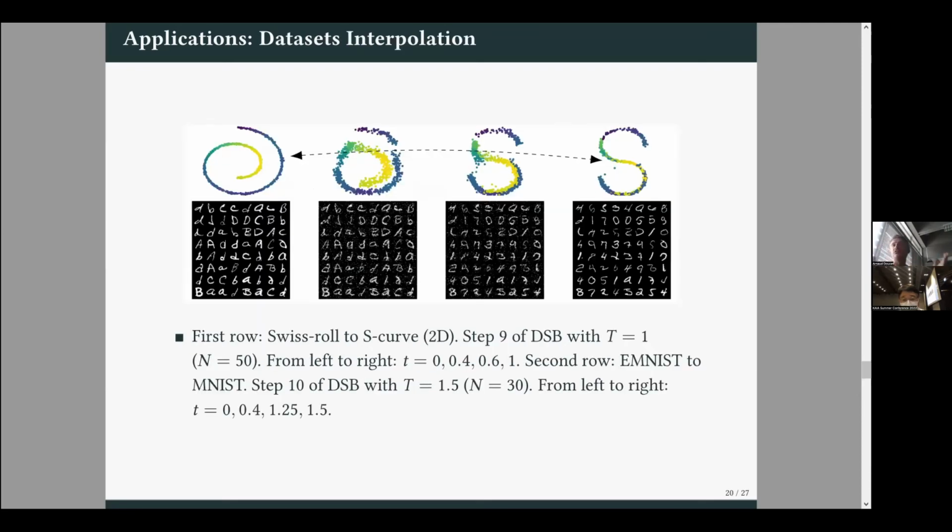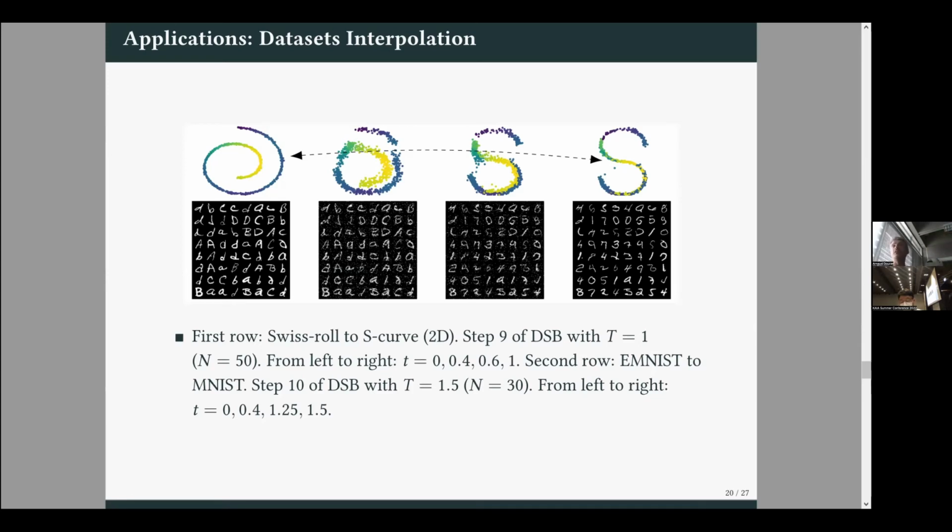Importantly, this is not limited to this kind of denoising generative modeling task, because we have to do some kind of transport between the data distribution and the Gaussian distribution.